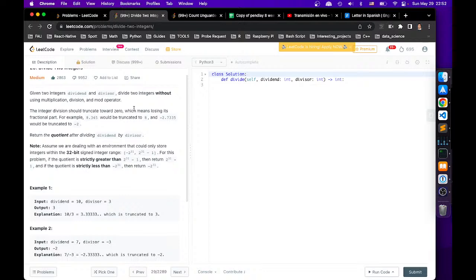Okay, let's see. What we want to do is, given a value, we minus a certain value and then we double it. Right after we double it, we minus again. And what if it's too big?